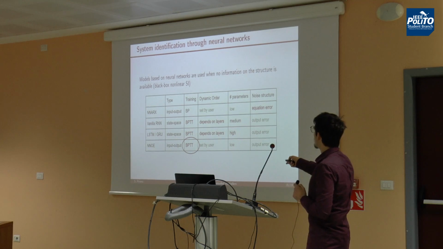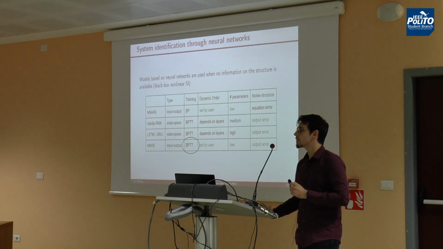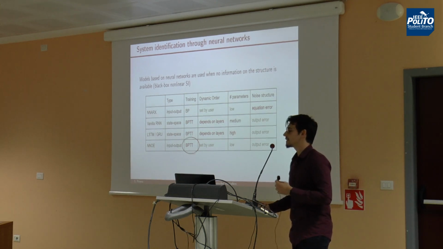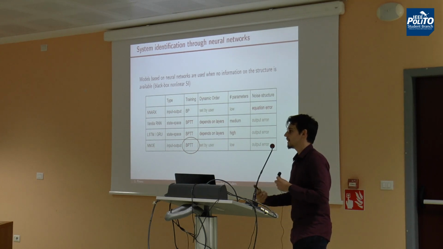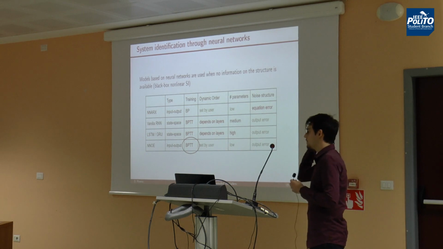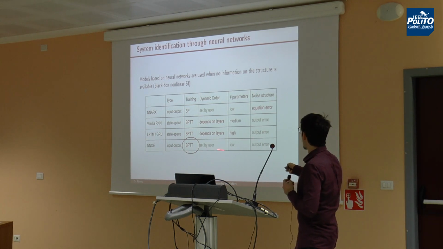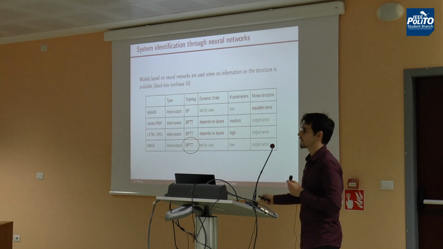It turns out that the model on the last row, which is called the neural network output error, which is a model which was proposed 50 years ago, but is almost unknown in the current literature, is completely forgotten, enjoys a number of good properties which are not shared by the most popular alternatives.